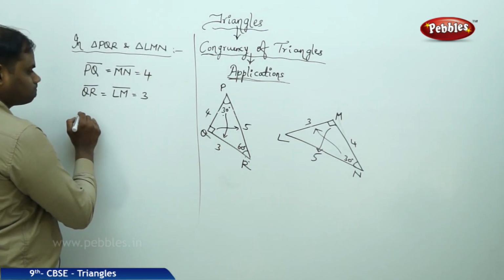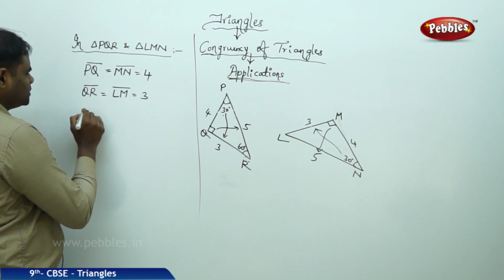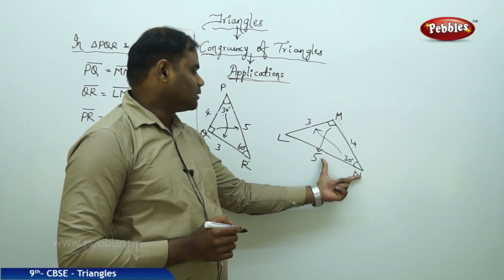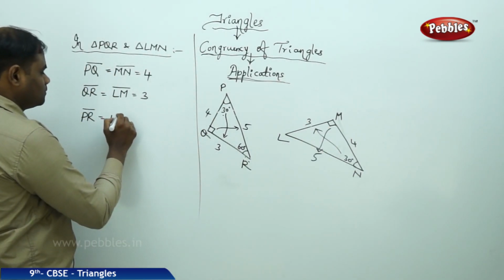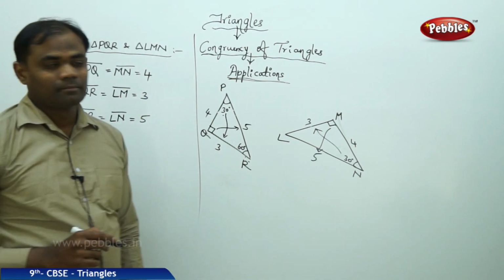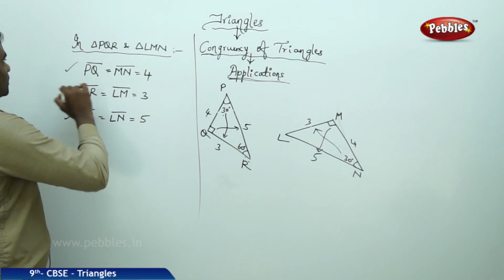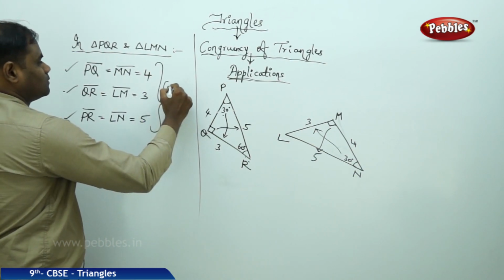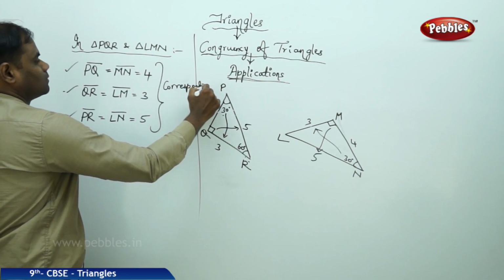Therefore, my side PR, which is the hypotenuse for this right angle triangle, and LN, which is the hypotenuse for this right angle triangle, are equal, and in turn are equal to 5. This is how I have all the corresponding sides investigated to be equal.